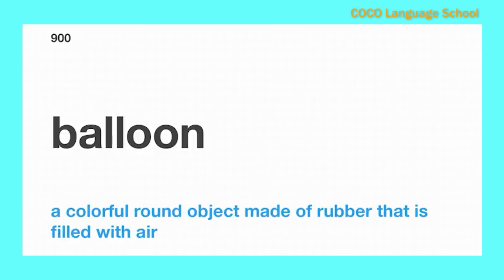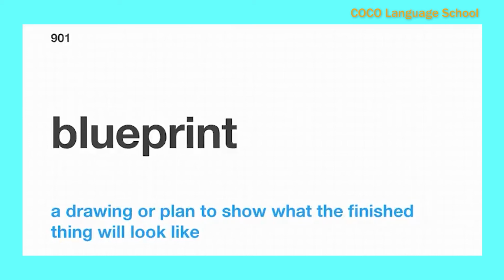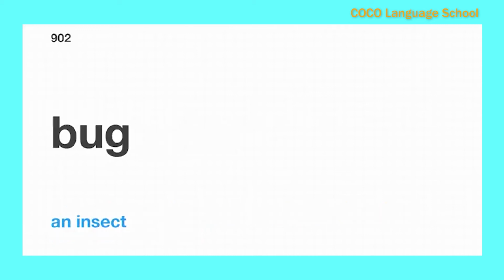A colorful round object made of rubber that is filled with air. Balloon. A drawing or plan to show what the finished thing will look like. Blueprint. An insect. Bug.